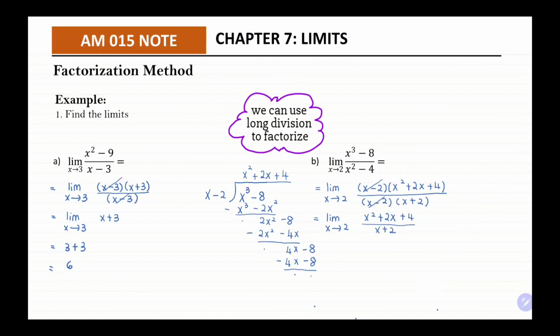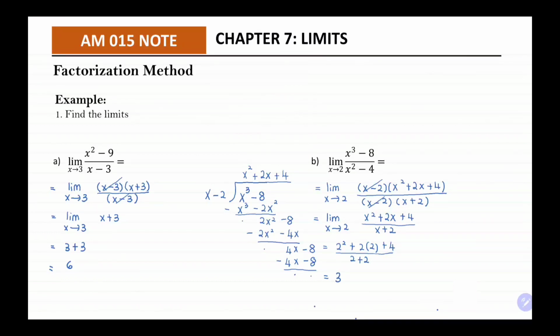Okay, next we substitute x equals 2 into the function. So we get 2 squared plus 2 times 2 plus 4 over 2 plus 2. So the answer is 3.